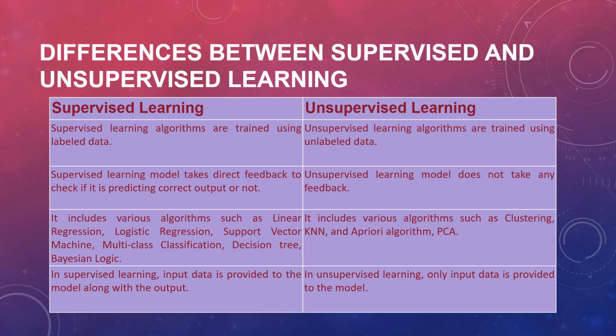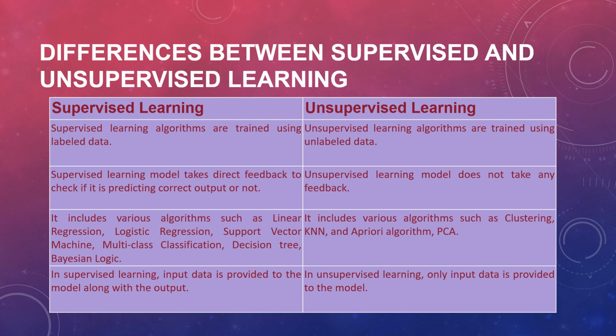Supervised learning takes direct feedback to check if the predicted output is correct or not, while unsupervised learning does not take direct feedback at all. In supervised learning, there are algorithms such as linear regression, decision tree, and support vector machine, while in unsupervised there are algorithms like clustering, PCA, and so on.